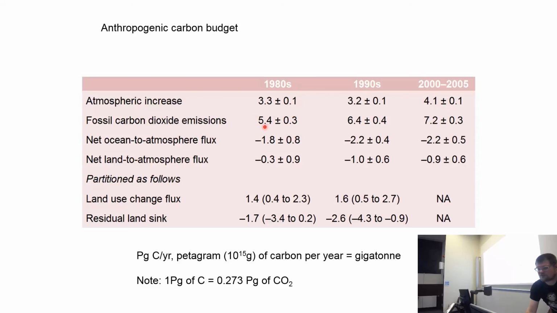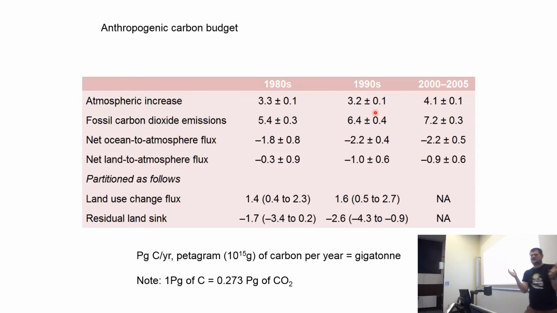That's because we're burning more fossil fuels. If you look at these numbers here, the amount of fossil carbon dioxide, which is basically how much coal and oil and gas we're burning, that's also gone up. But the key thing is that the amount we've emitted is more than the amount that's in the atmosphere. In some cases it's about double. So we've burnt a lot of fossil fuels and created CO2, but only half of it is in the atmosphere.